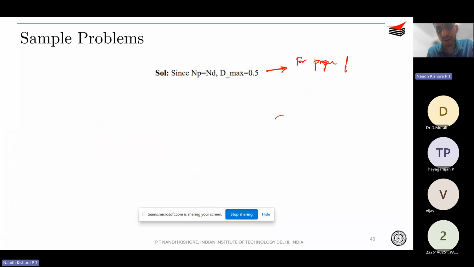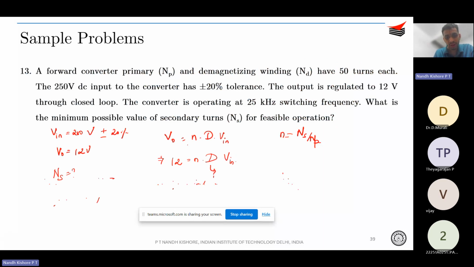For proper flux reset, your D cannot exceed 0.5, correct? Your D cannot exceed 0.5 for proper flux reset. Therefore, your D max is 0.5.